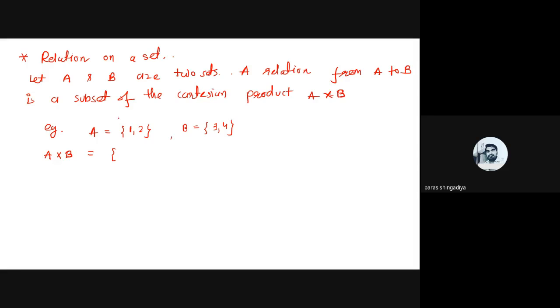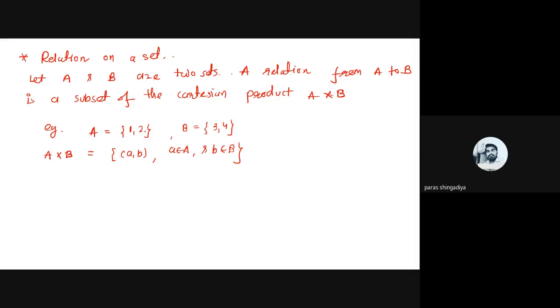A cross B is equal to the set of ordered pairs (a, b) where a belongs to A and b belongs to B. Okay, that is the definition of the Cartesian product A cross B: you have to include in the set all its ordered pairs, where a belongs to A and b belongs to B.